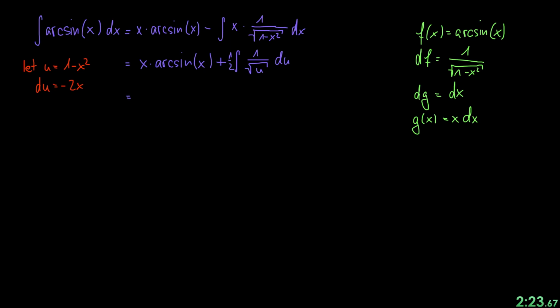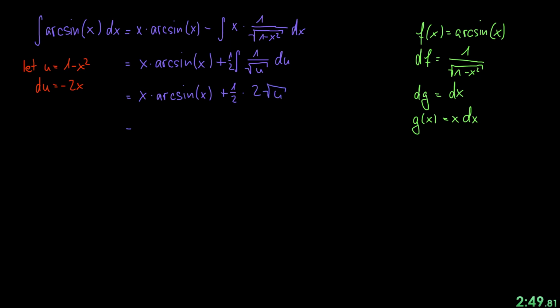Okay, now we just need to integrate this little integral with the half in front. The integral of 1 over the square root of u is 2 times the square root of u. And the 2 and the half will eventually cancel out. So we have x times the inverse sine function of x plus 1/2 times 2 times the square root of u.